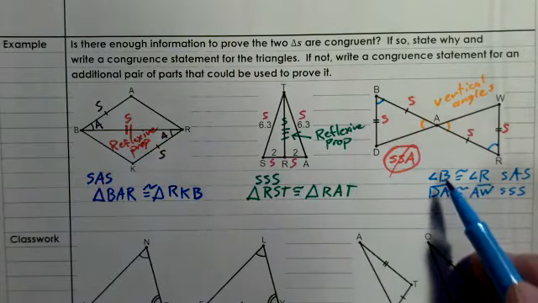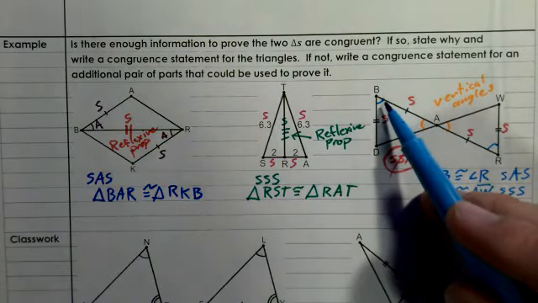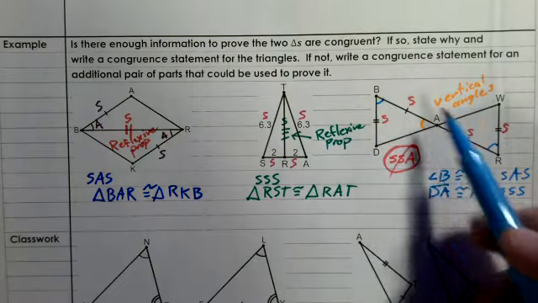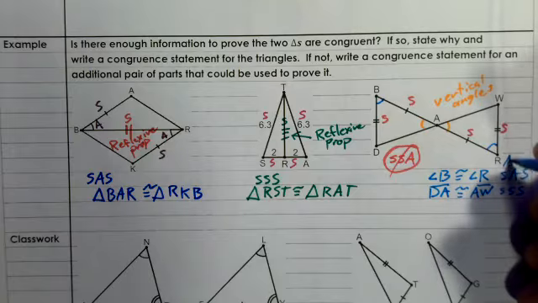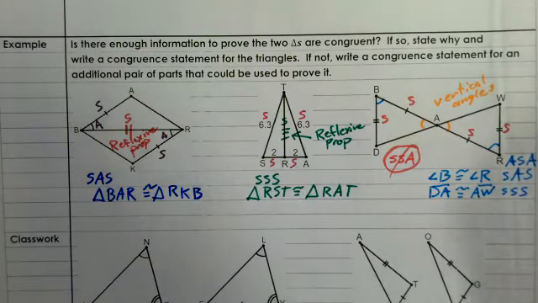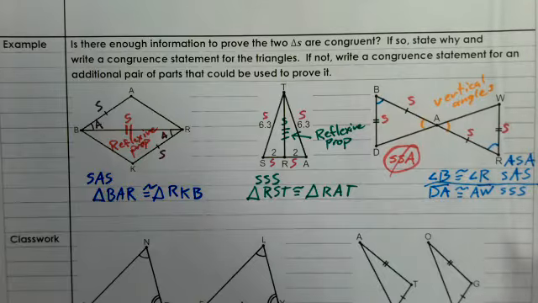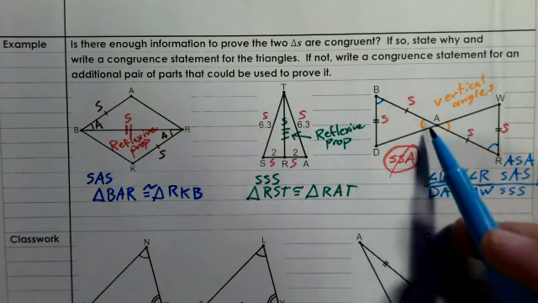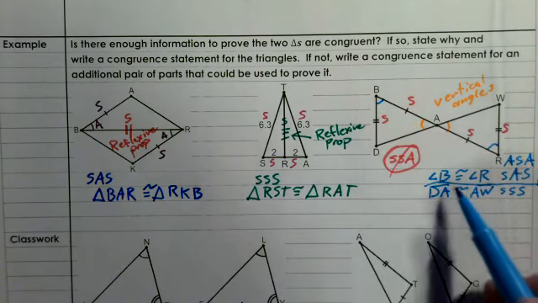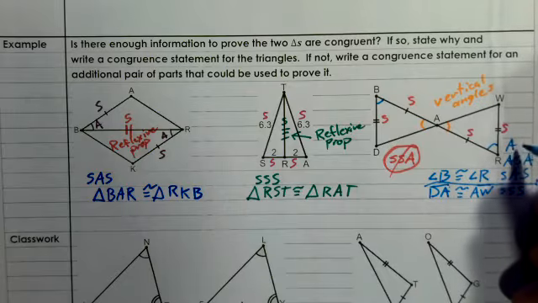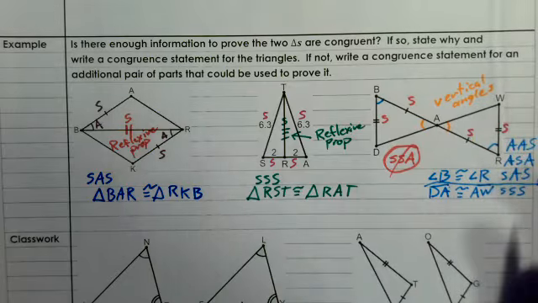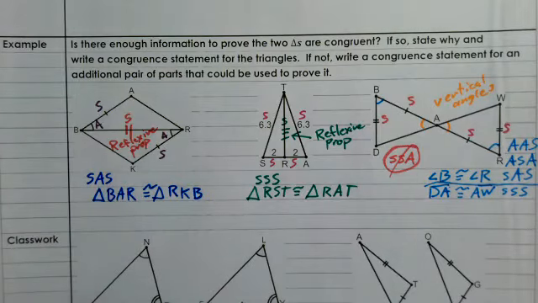Oh, and knowing B and R are congruent, I could also do angle side angle. I'd have lots of ways to do it if I knew this B and R thing were together. Oh yeah, angle, angle, side. Just knowing that B and R, that would also get me angle, angle, side. So I'd get lots of things if I just knew B and R were congruent. DA and AW, that also works.